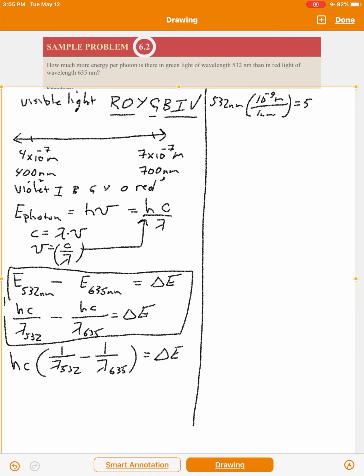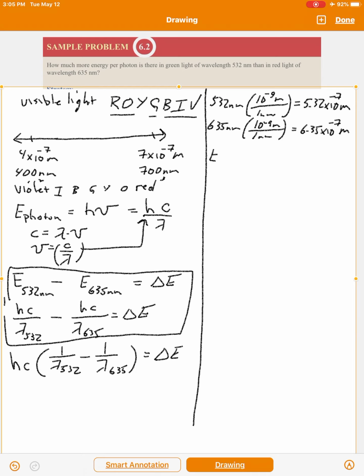So what you end up with is 5.32 times 10 to the minus 7 meters. Now we're in the MKS system. And then the same is true for the 635: 10 to the minus 9 meters per 1 nanometer, and that gives you 6.35 times 10 to the minus 7 meters. So those are our two wavelengths in meters.